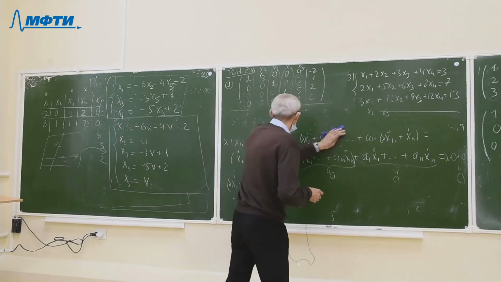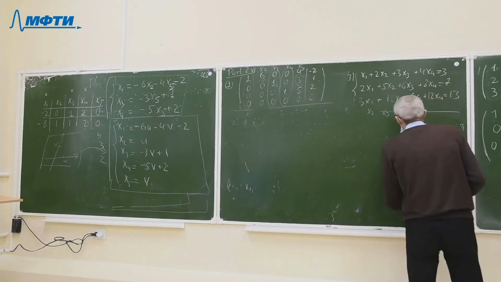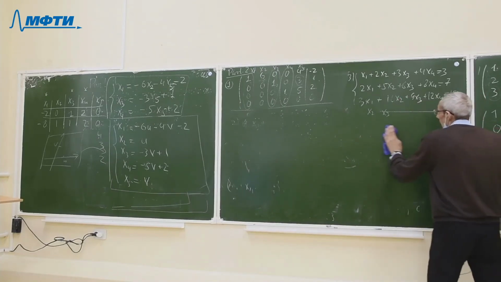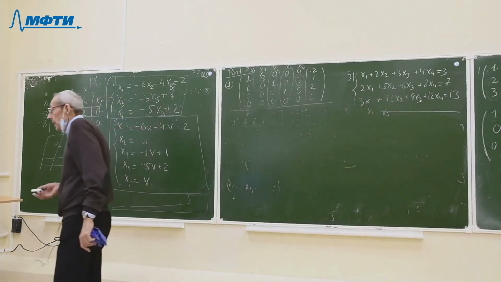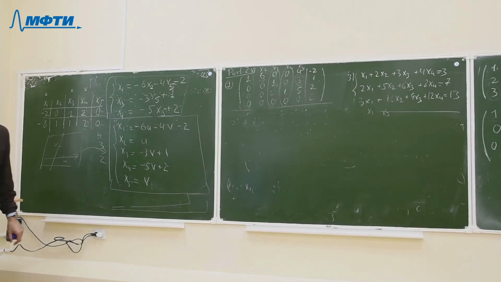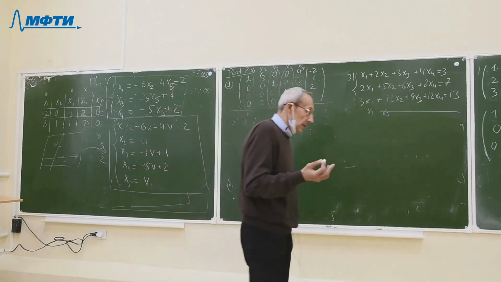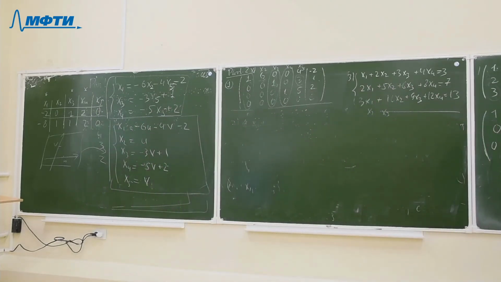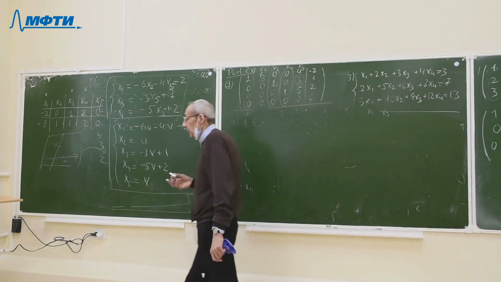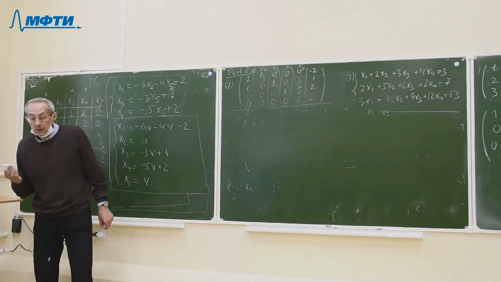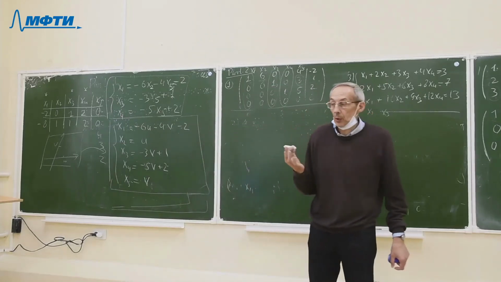And how can we use this observation? If we have a vector space or a subspace of a vector space, in this space we can consider a so-called linear independent system. A linear independent system has the following important property.